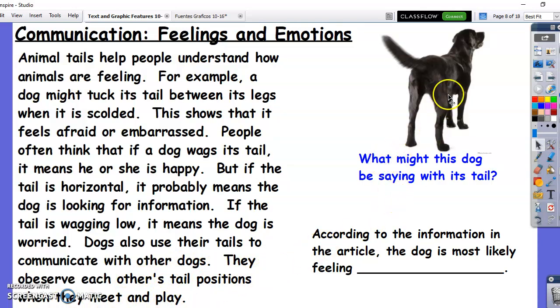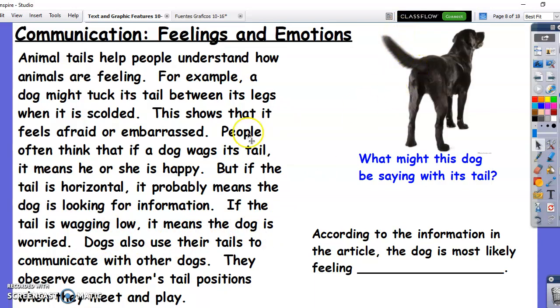So it says here in the picture, what might this dog be saying with its tail? The tail is in an upright position. It's not low, like it says here, where it's embarrassed or afraid because it got in trouble or is being scolded. The tail is not horizontal, which means it's looking for information. And it's not wagging low, which means the dog is worried. But the tail is high.